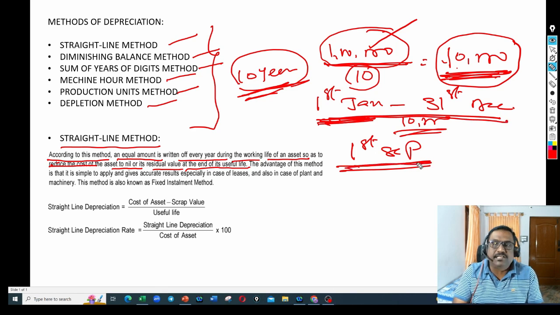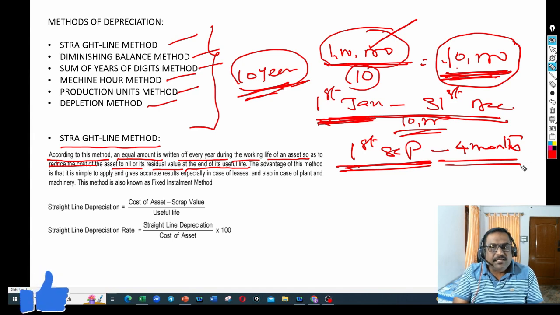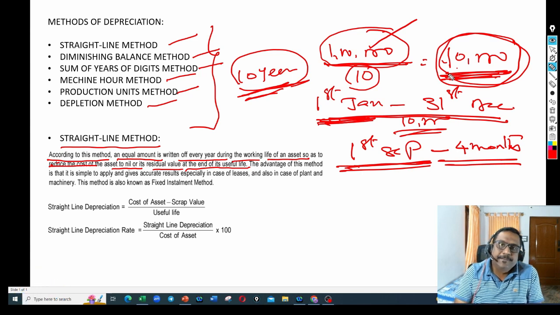September, October, November, December. Only 4 months you used this asset. When the asset is used for 4 months, how can you calculate 10,000 rupees depreciation in the first year? Not correct.